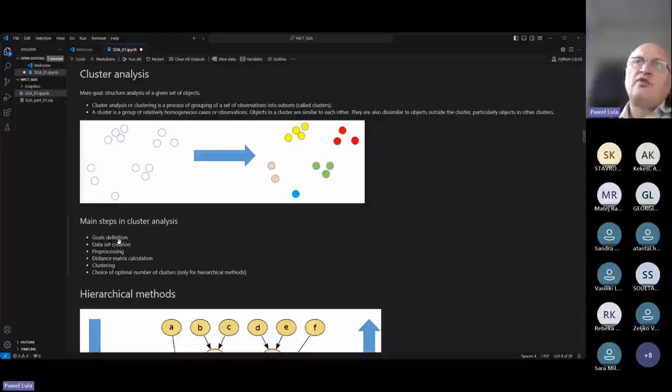First, of course, we should define goals for our analysis. The general goal is always the same: to analyze the structure of our dataset. But sometimes we can add some details defining this goal.